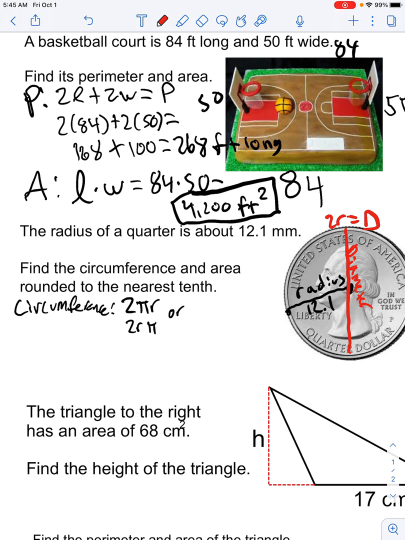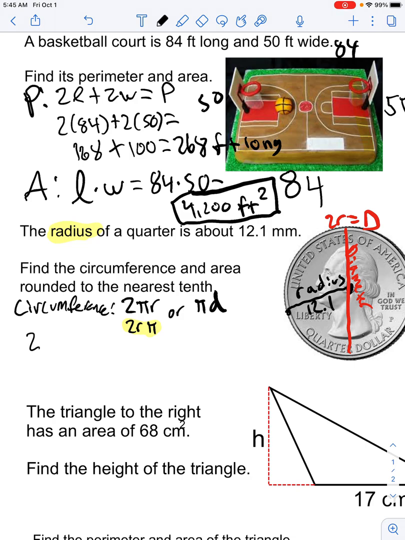So 2 times the radius equals the diameter. So I could also take pi times diameter, and that's going to give me my circumference. Now, because the problem gave us the radius, we're going to use this formula. If the problem gave us the diameter, we would use the other formula.